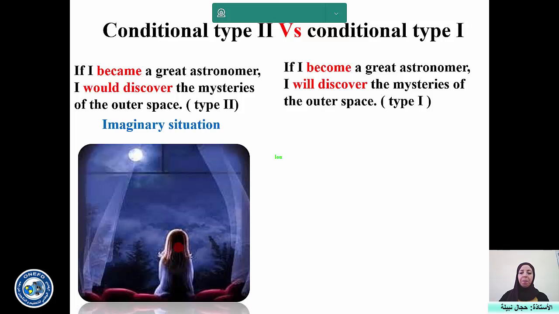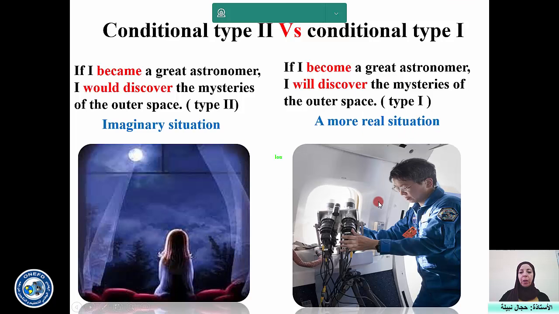All right, but type 1 is used to express a more real situation. So this sentence, for example, must be said by someone who is already working in the domain of astronomy. So the possibility of becoming a great astronomer is more real. That's the difference.